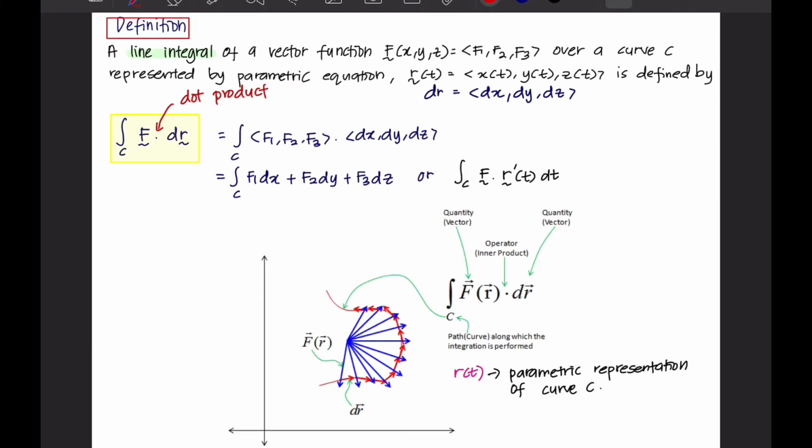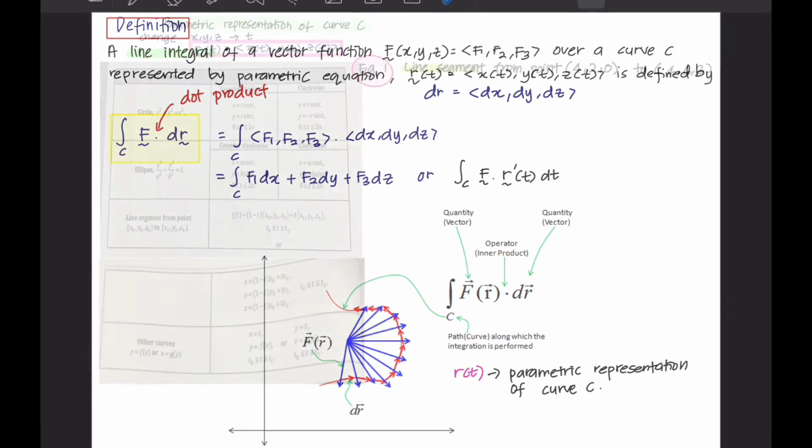So you just substitute the components of vector F and also dr, and then perform the dot product. So this formula equals this formula. This is the figure for line integral. Here C refers to the path of integration, and this r(t) is the parametric representation of curve C.